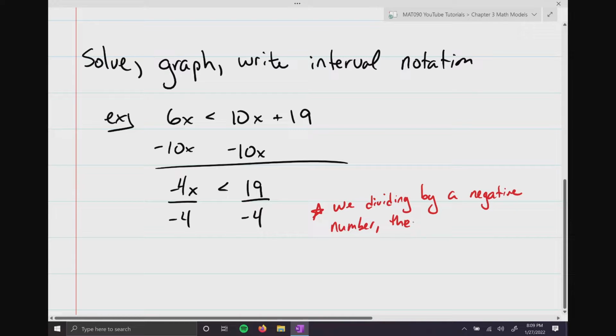Therefore, and this is huge, we must reverse the inequality symbol.